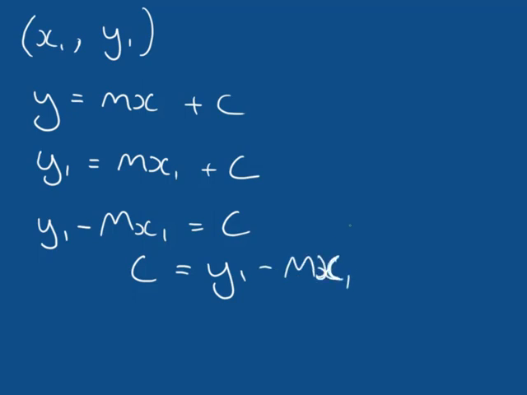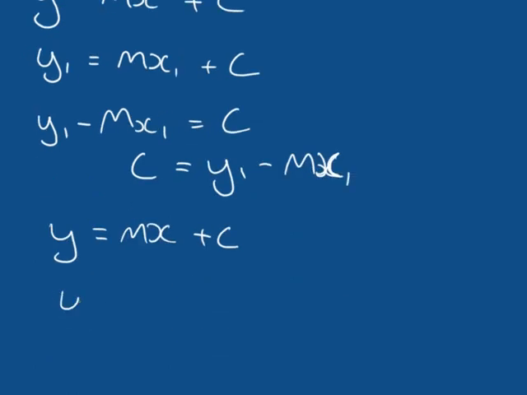So if c is equal to y1 minus mx1, we can now substitute that back into our generic equation. If this is what c is equal to, then we can substitute that back in here. So y is equal to mx plus c, therefore y is equal to mx plus y1 minus mx1.